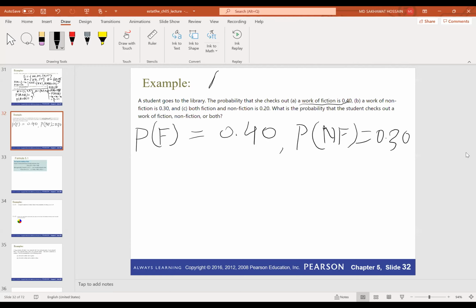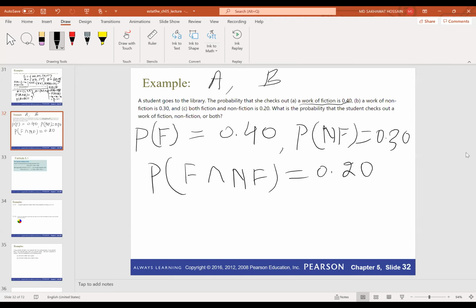You can consider A as fiction and B as non-fiction. This is just notation, it doesn't matter. So both fiction and non-fiction means we have the intersection of F and NF, right? So we also have this information, which is 0.20.